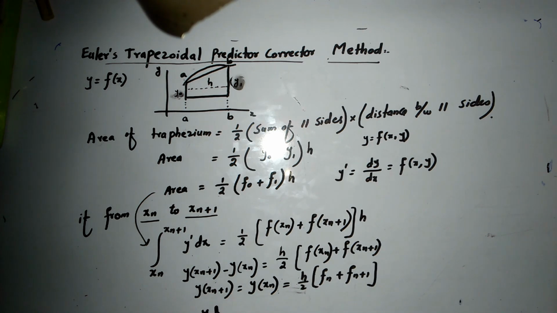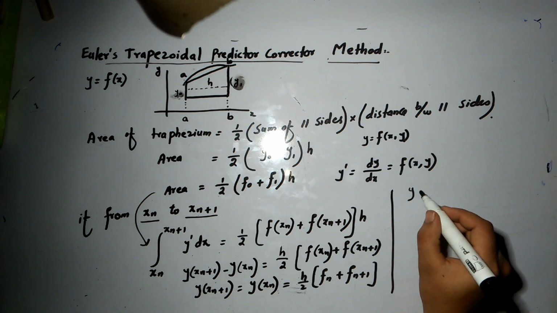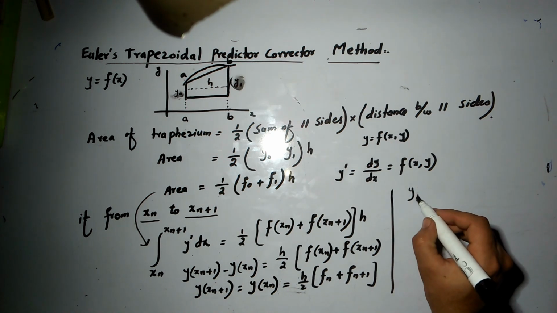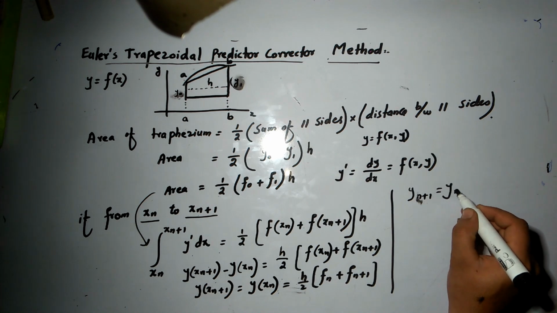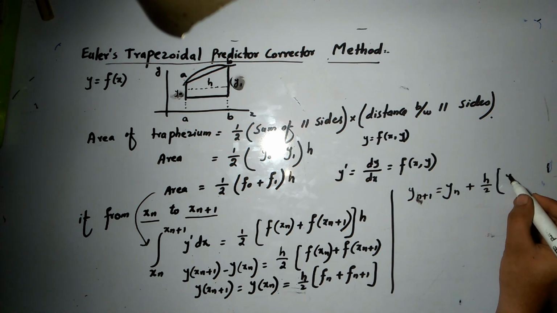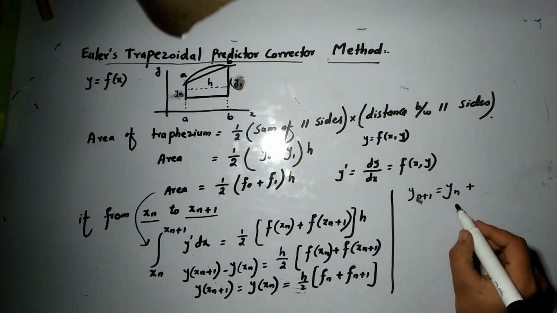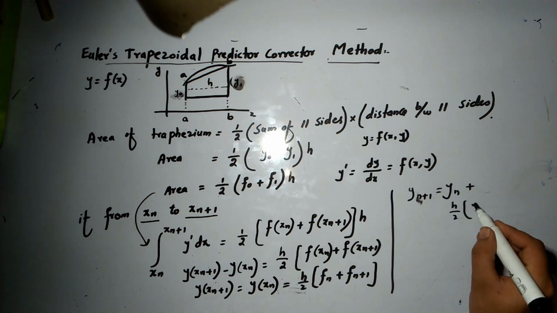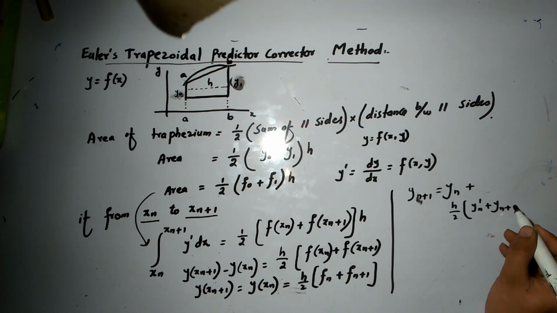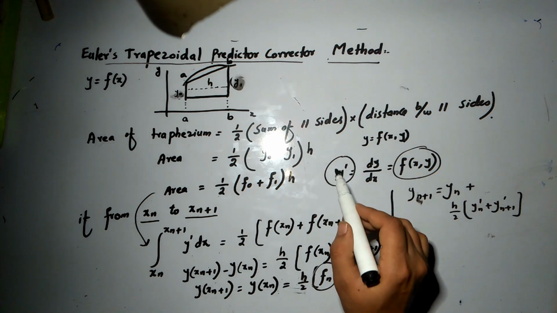If I write it here, y of n plus 1 will be equal to y of n plus height over 2 times yn dash plus yn plus 1 dash, because fn will be equal to y dash.